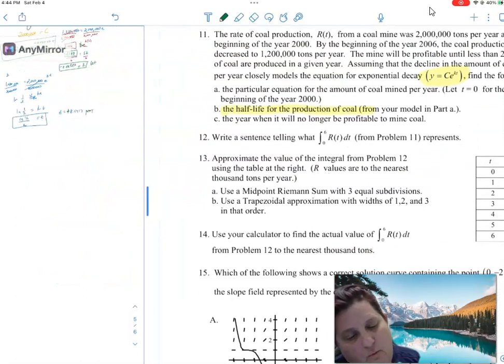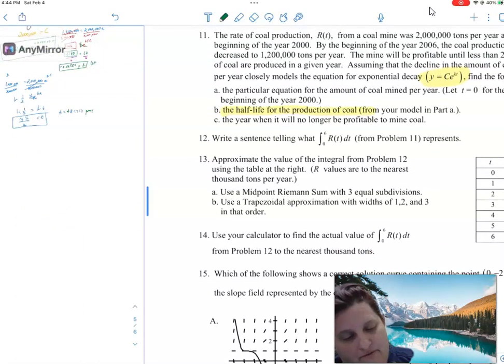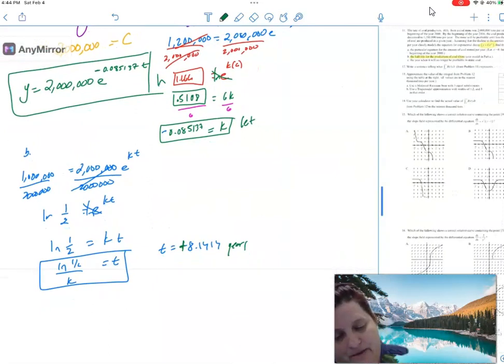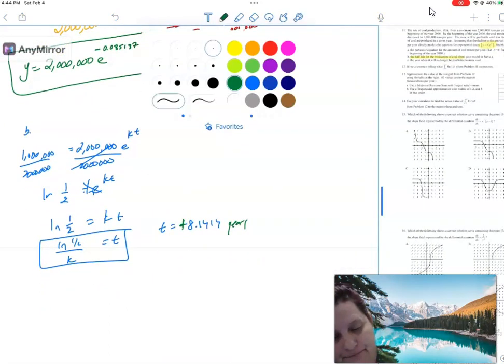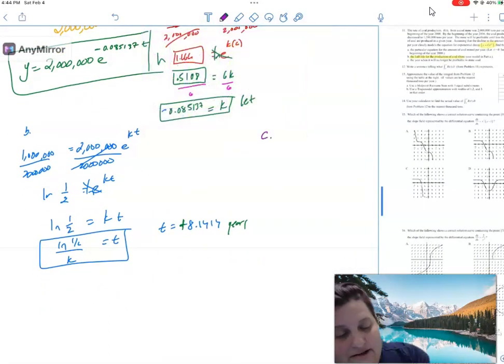All right. When will it no longer be profitable to mine coal? Okay. This is for part C. I started at 2 million. As long as I am above 200,000, it's still profitable. Okay? 200,000 equals 2 million e to the k, which is now negative, t.